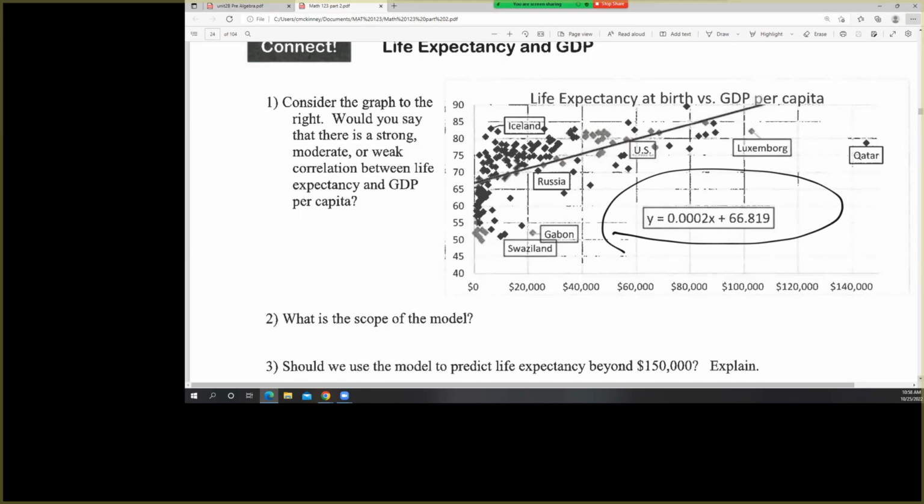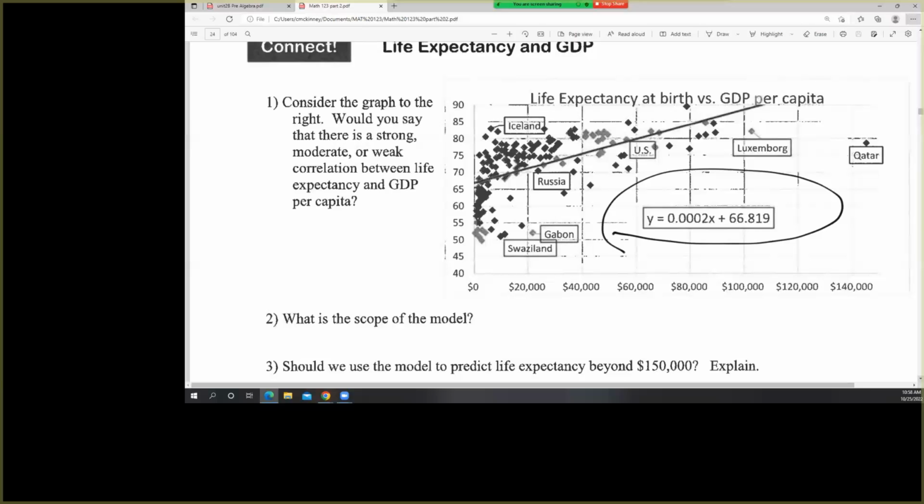Here, they're telling us that Luxembourg's actual GDP per capita is 102,000, and to use that to predict their life expectancy, you're going to use the 102,000 as the x value.